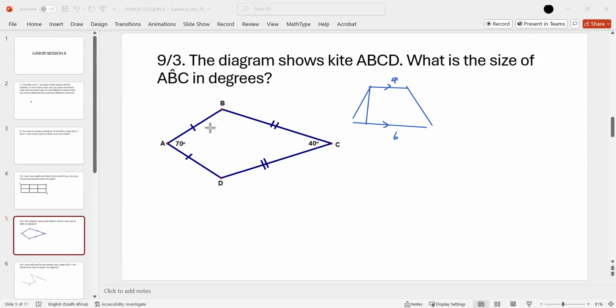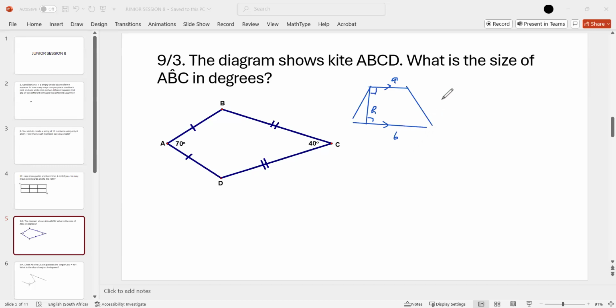The distance between the parallel lines. If you drop a perpendicular, then that is the distance between these parallel lines. The distance is simply a vertical line that goes through the two parallel lines.